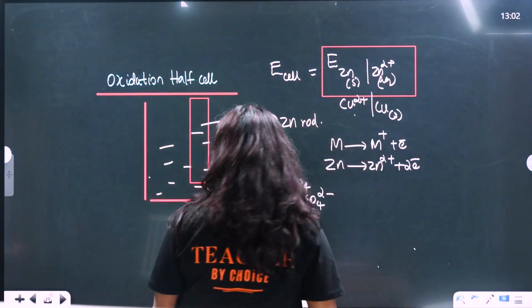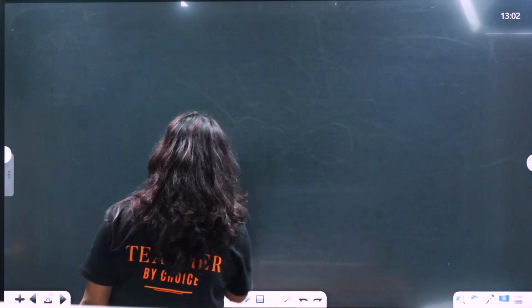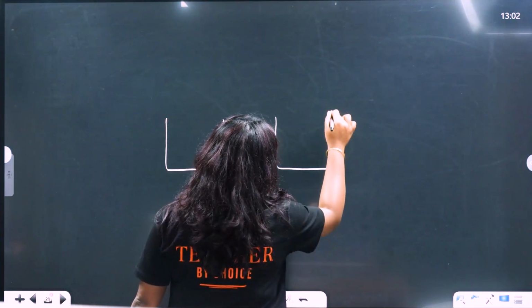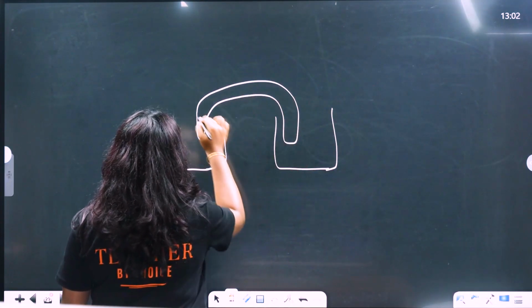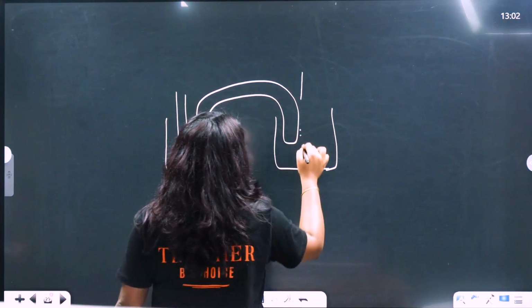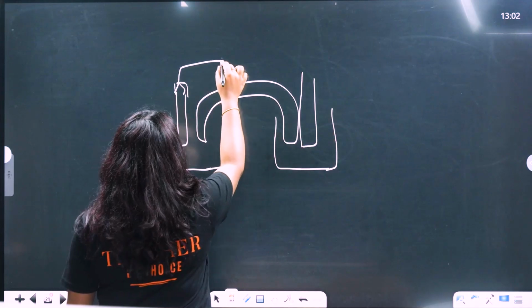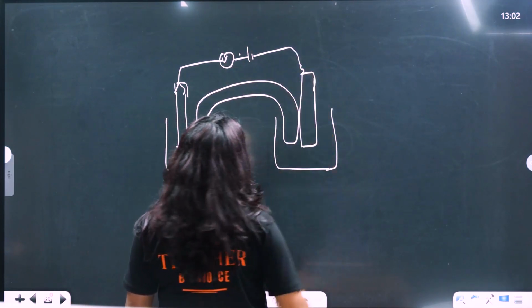So basically, for your understanding, the structure will be: this is your Cu, this is your Zn, you will be having the salt bridge like this, and you have your rod, and of course this will be a voltmeter that will be connected to the battery. This will be the structure.